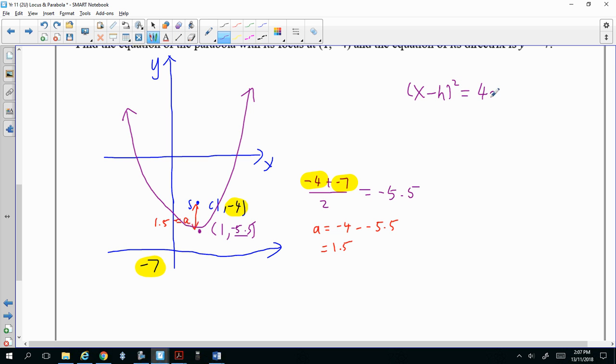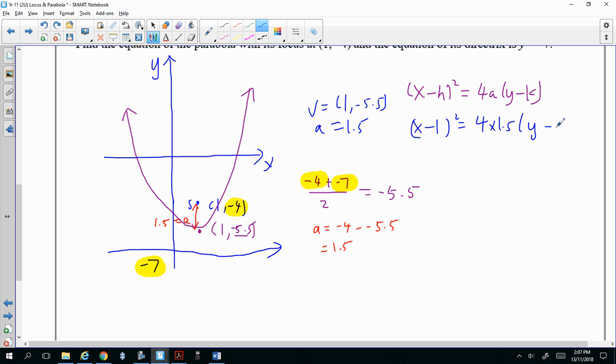Vertex is (1, -5.5), a equals 1.5. Then we're done. So we do (x minus 1) squared equals 4 times 1.5, (y minus negative 5.5). And that becomes 6 (y plus 5.5). That's it. Equation found.